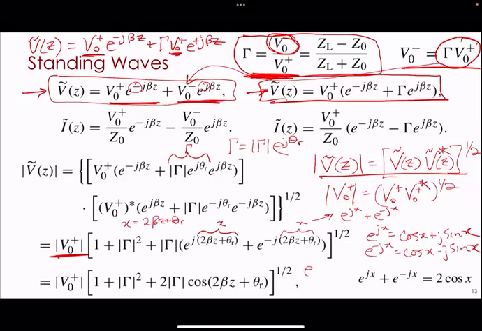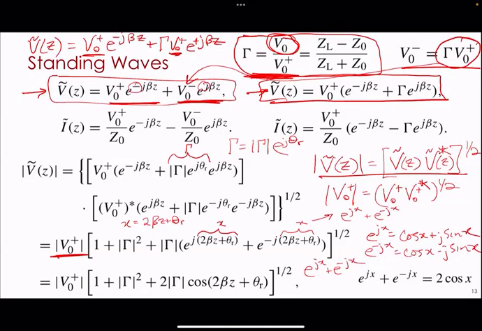So if we did e to the jx plus e to the minus jx, we're adding these two. So the j signs go away, but we're left with two of the coses.